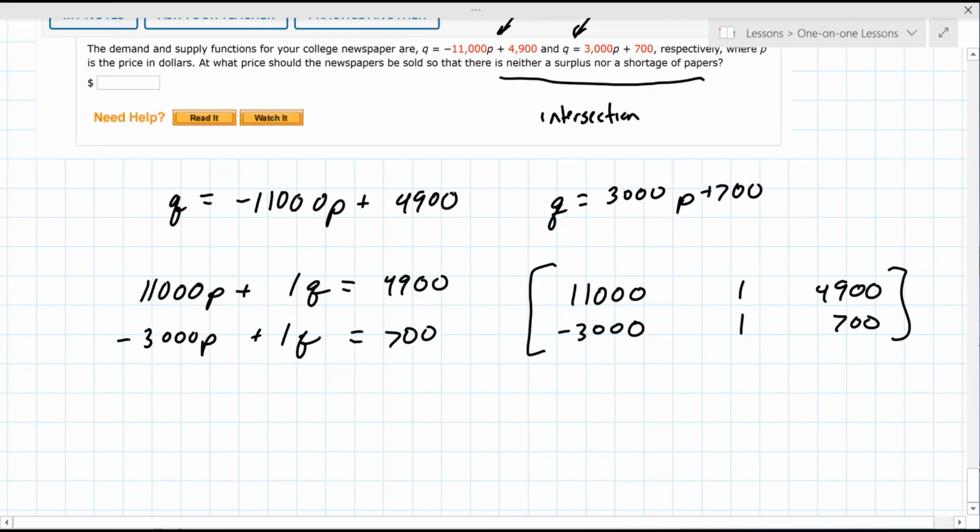I just graphed it, and the intersection says it's 0.3, 1600. I don't think that... it might be. 0.3 would be 30 cents. Okay, let me just check it on my side.